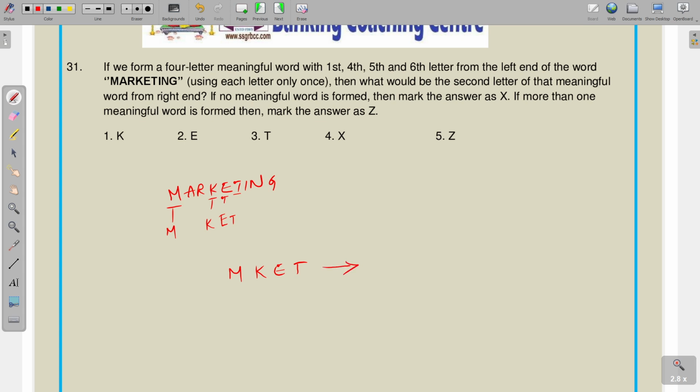Once you observe, there is no meaningful word formed by these letters. So what is the answer? If no meaningful word is formed, then mark answer X, that is option 4 is the answer.